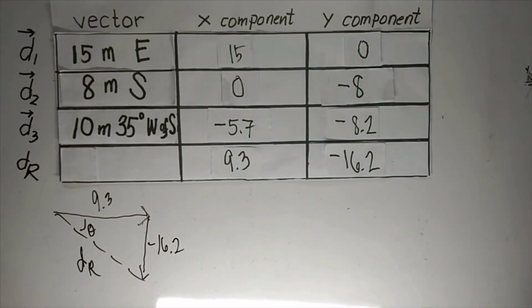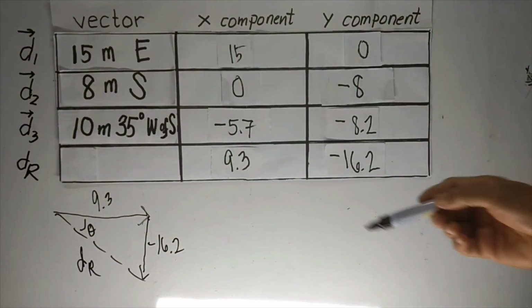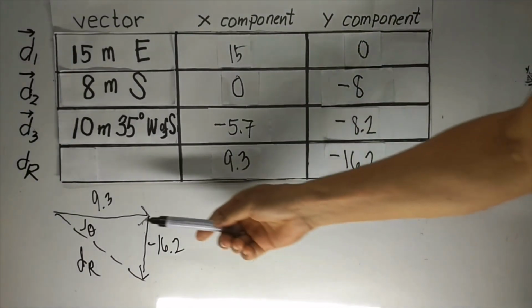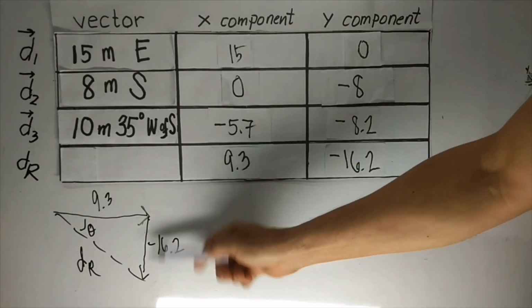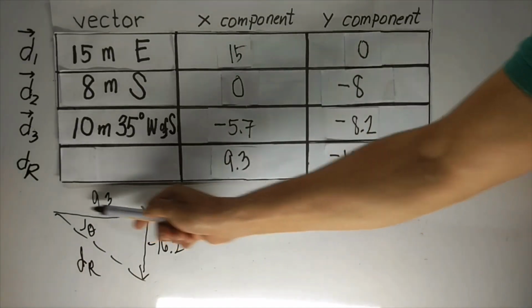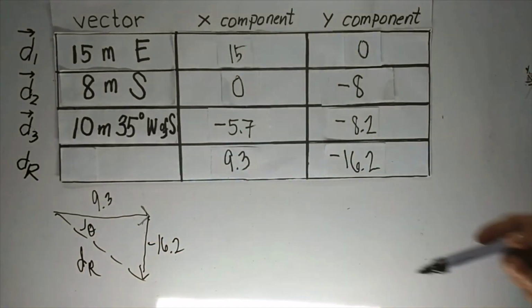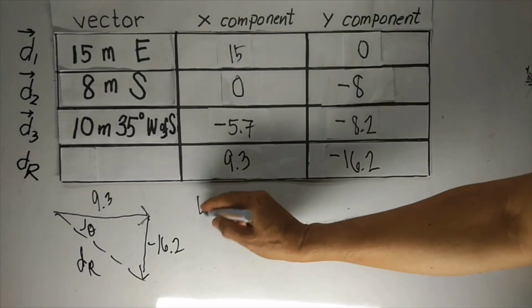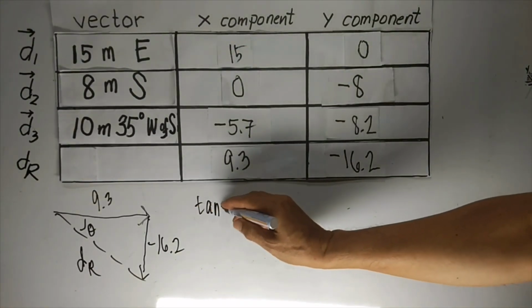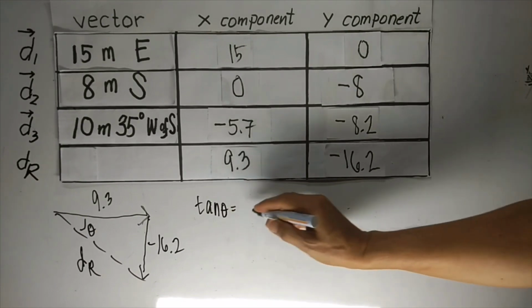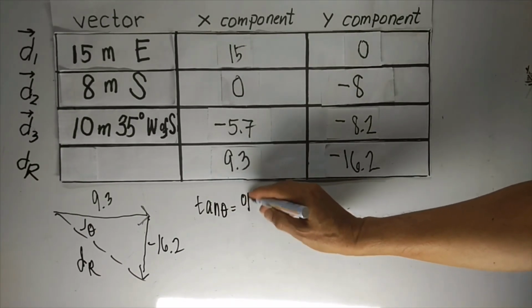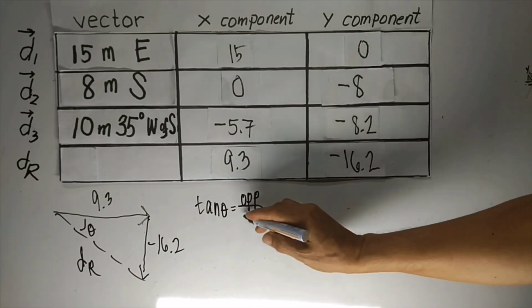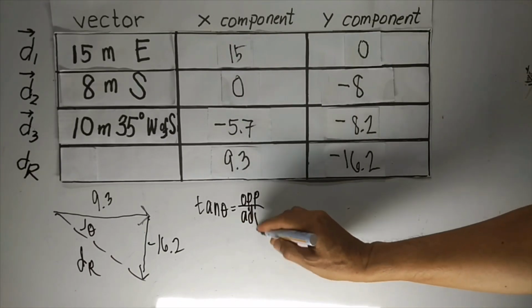To determine its direction, we'll be using the information on the opposite side and the adjacent side to the angle. So we'll be using tangent theta is equal to the opposite side over the adjacent side.